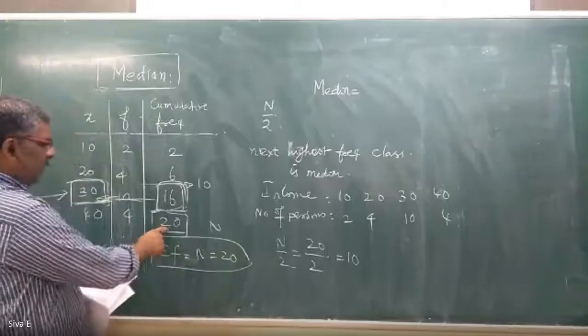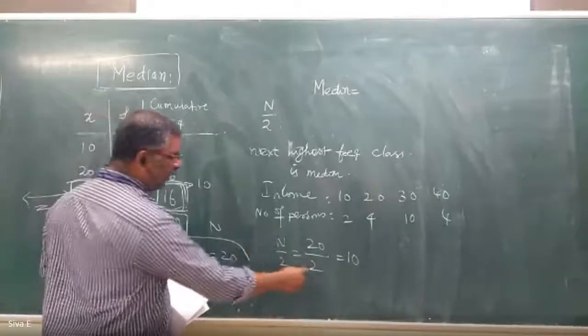Sir, I did not understand when we did n by 2 with 20. N is 20. N is summation of f, 20. N by 2 is 20 by 2, 10.